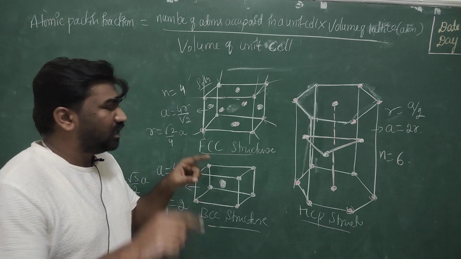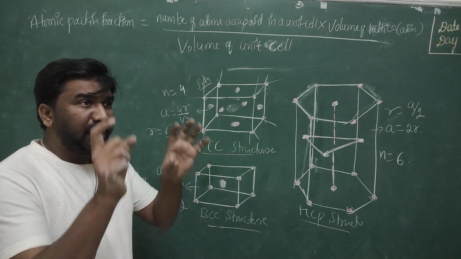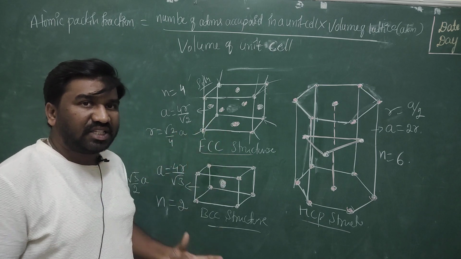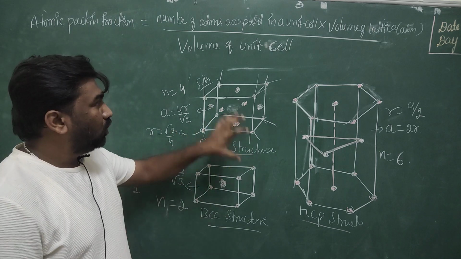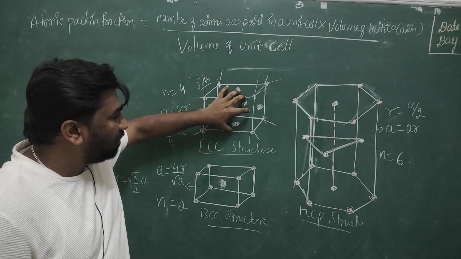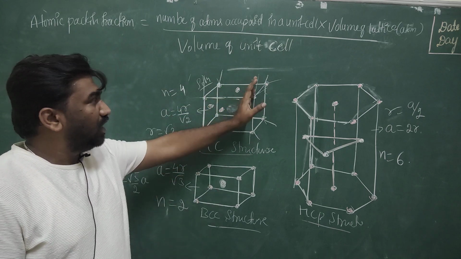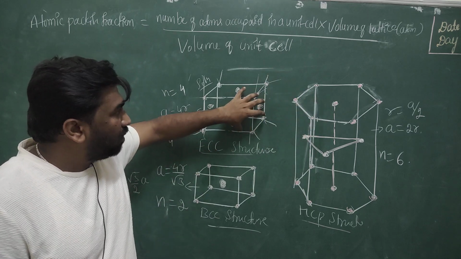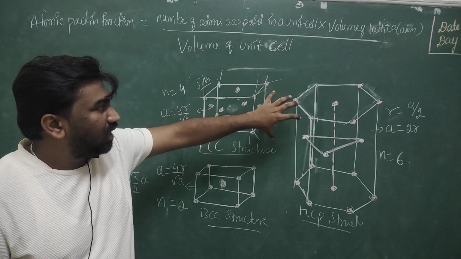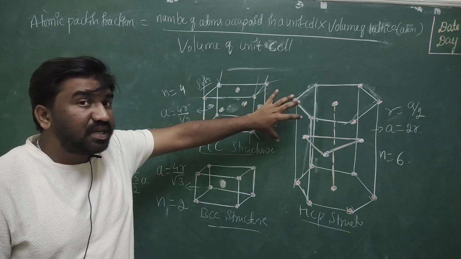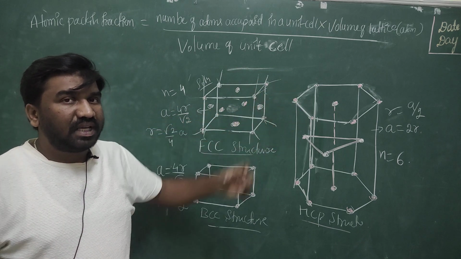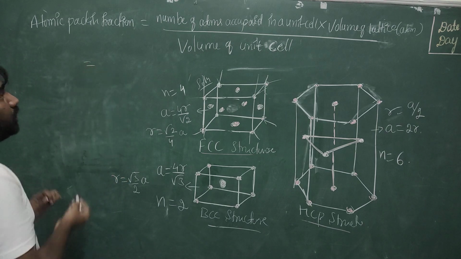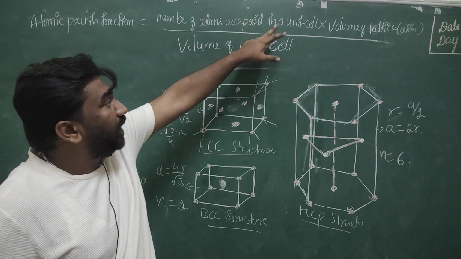A unit cell is a repeated arrangement of a group of bases or points in a crystal. If you take an overall crystal, this type of BCC or FCC structure, in the next cell there will be the same number of lattice points, and the distance between these lattice points is the same. Like that, atoms are arranged.